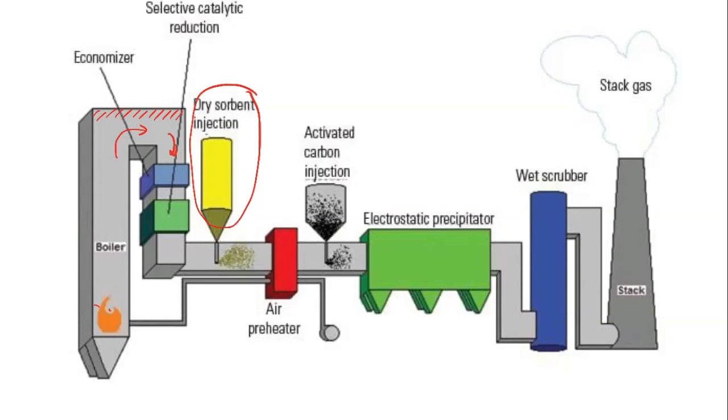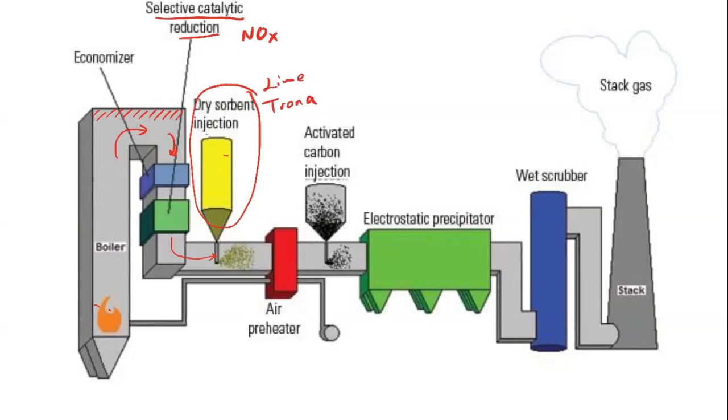And then you can see that the flue gas will go through these devices. These are called the selective catalytic reduction. That's mainly for removing the nitrogen oxides. And then after these devices, we're going to introduce the dry sorbent. So this can be lime or this can be trona. Okay. So for this process, it doesn't involve any liquid, right?